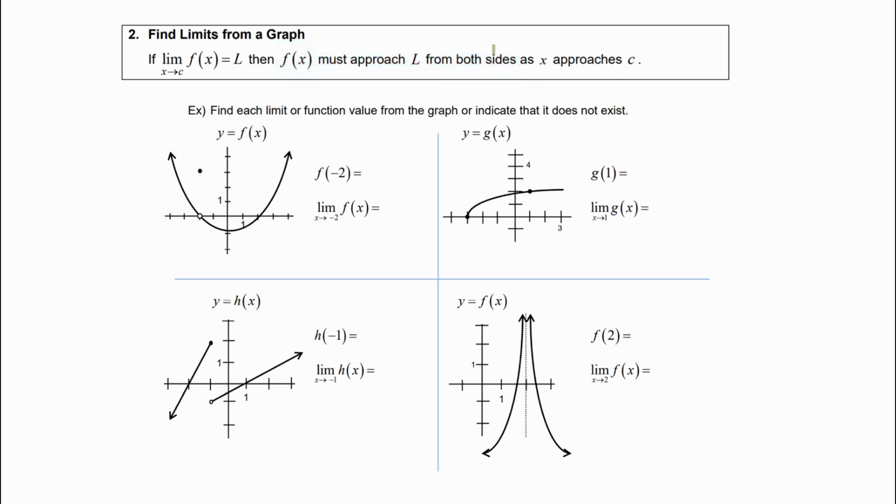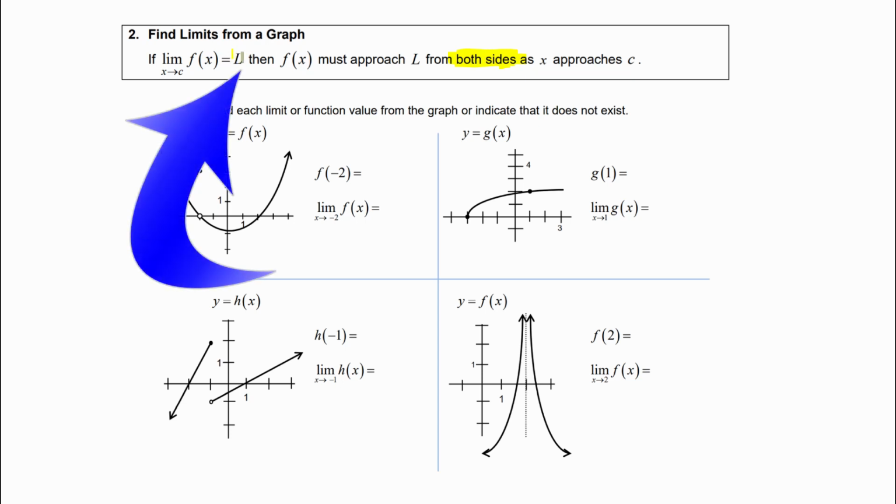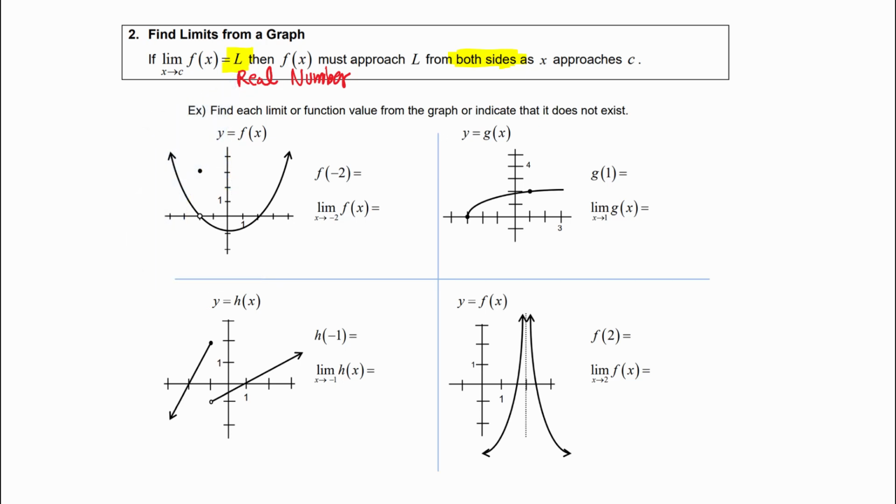So make sure that your function is approaching a certain number from both sides as x approaches c. Another important fact is that this L has to be a real number. It cannot be infinity or negative infinity because that's not a number. So make sure it is a real number.